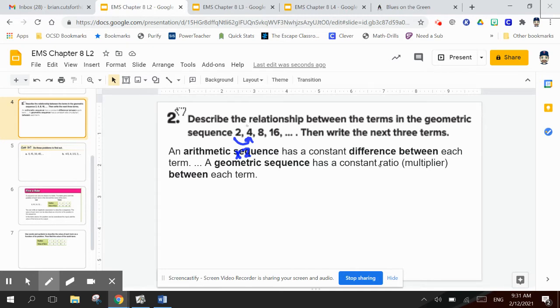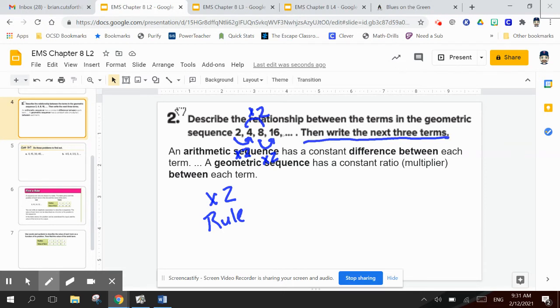Does that rule work for the next one? Is 4 times 2 8? Yes, that is true. So what is 8 times 2? 16? Yes, it is. So I know that my rule is multiply by 2. That's my rule. So now I have to write the next 3 terms.